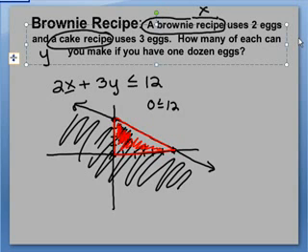For example, the point (1, 1). That means we can make one brownie recipe and one cake recipe, and that would only take 5 eggs. We could also make 6 recipes of brownies and none of the cake. 2 times 6 is 12, and yes, 12 is less than or equal to 12. So all of these points in here are possible solutions.